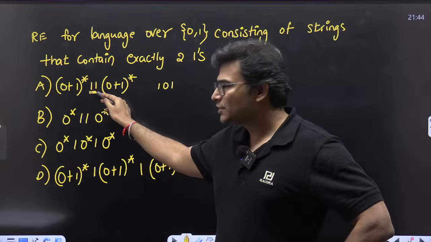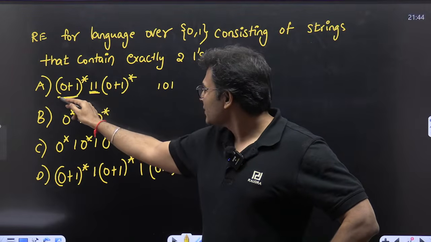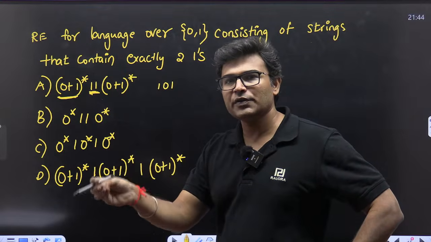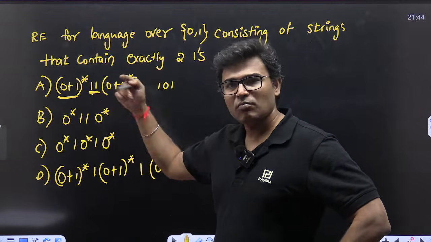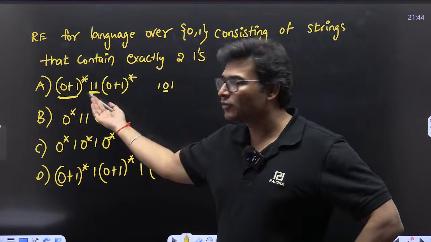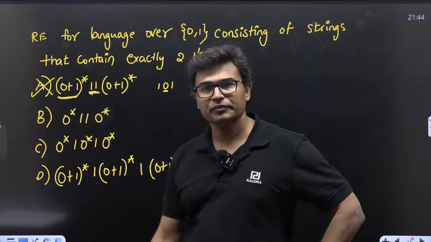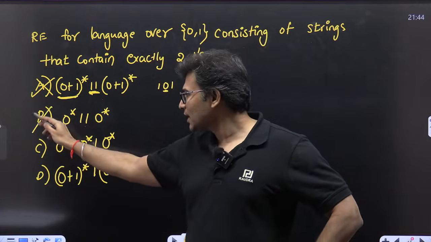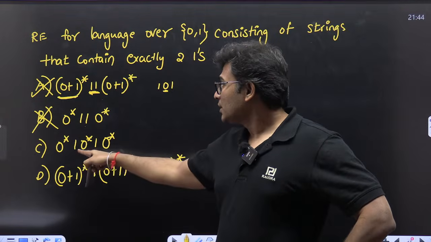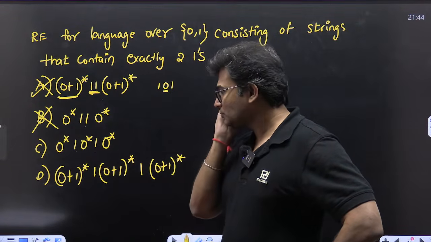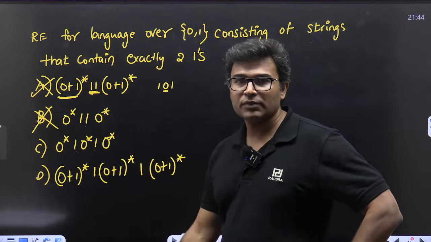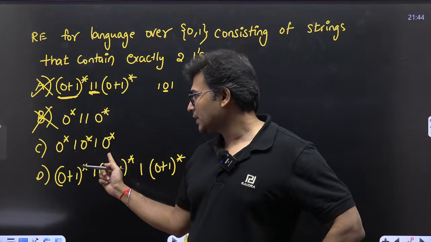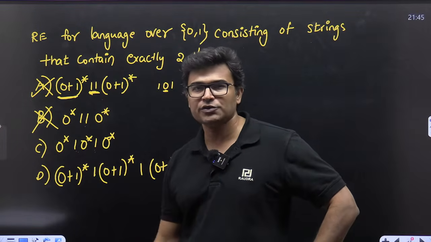But now if I want any number of zeros between it, it will not generate. So let's eliminate this. Again, the same logic will work here. 101 we cannot generate. Eliminate this. Here it will generate 101. So it looks like the answer, because exactly two ones are there. Starting can be 0 or 1, ending can be 0 or 1, in between there can be any number of zeros. It looks like the answer.